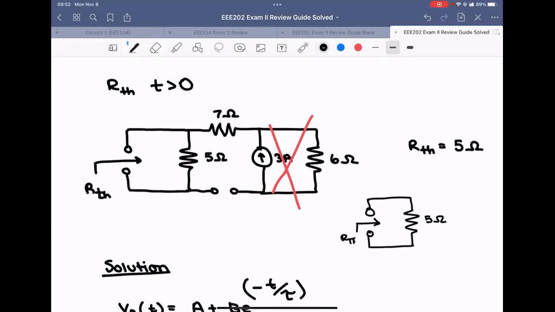Same with the impedance. You want to do the R TH, the arrow, so we know what we're looking for. So we're just looking into one resistance. That one resistance is going to be 5 ohms. So simply our Thevenin resistance is 5 ohms.